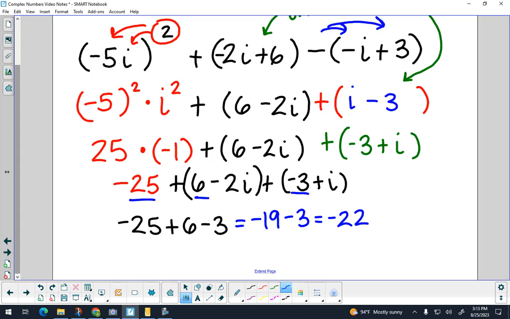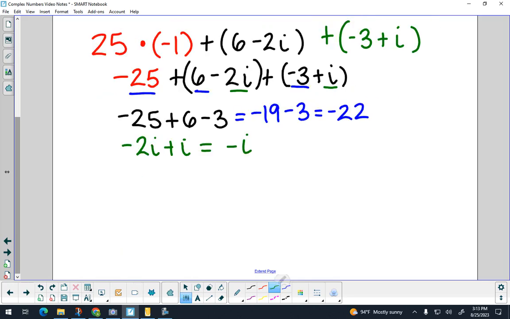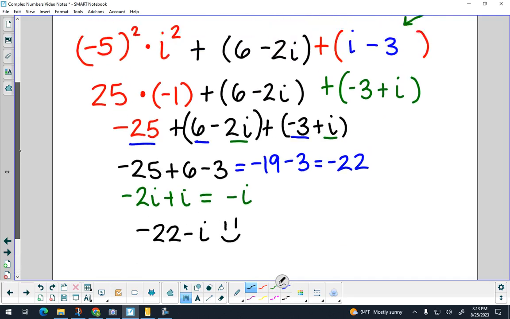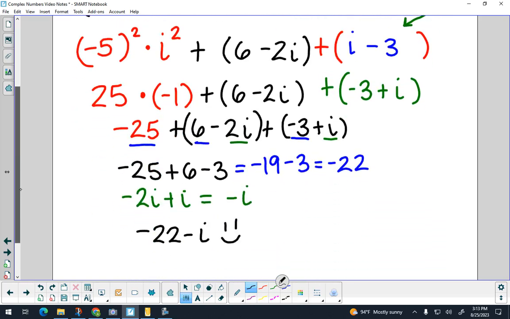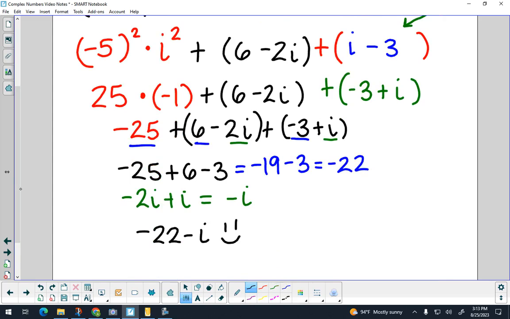Okay, and we have a negative 2i plus I is equal to negative I. So if I write out my final answer, I should have negative 22 minus I. And reminding myself that it needs to be in standard form. So if you need to pause the video, do so now. To process what's going on, pause the video.